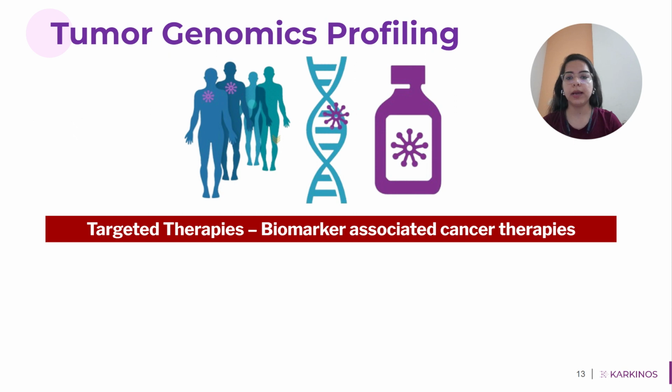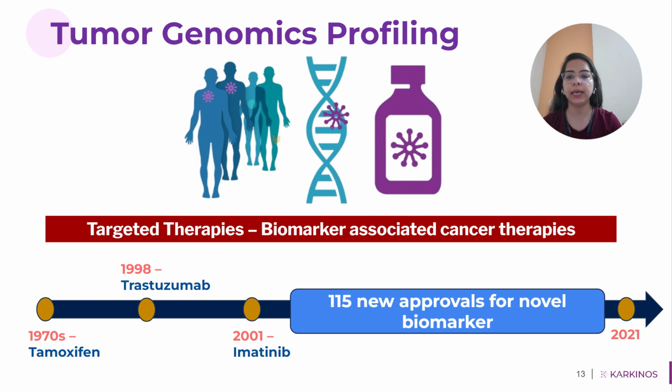So, a little bit about targeted therapies. The first successful targeted therapy dates back to the 1970s, where tamoxifen was approved for treatment of HER2 positive breast cancer.